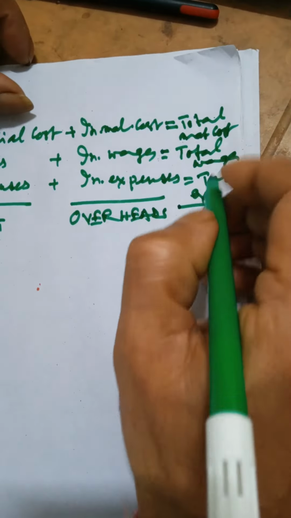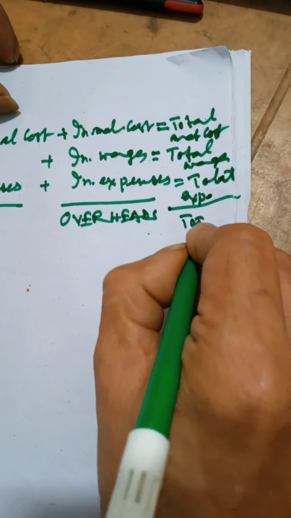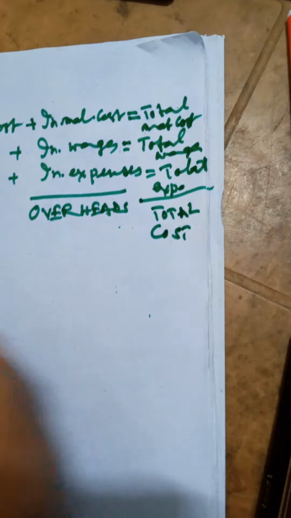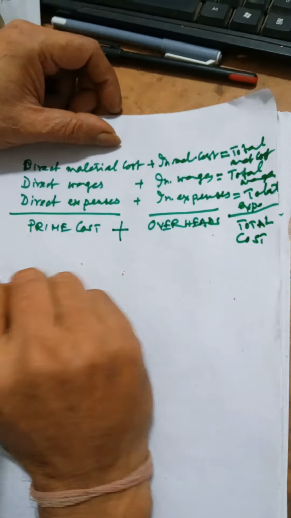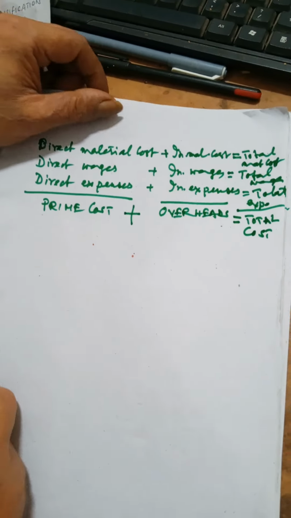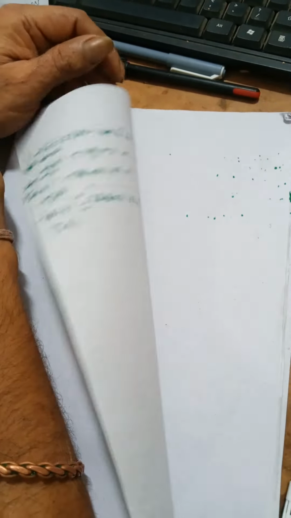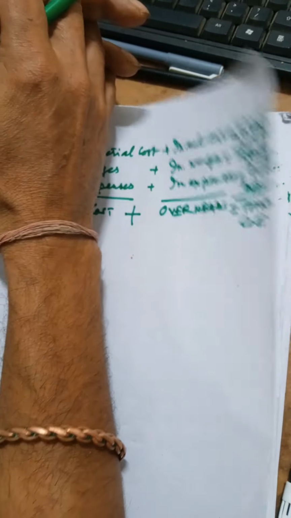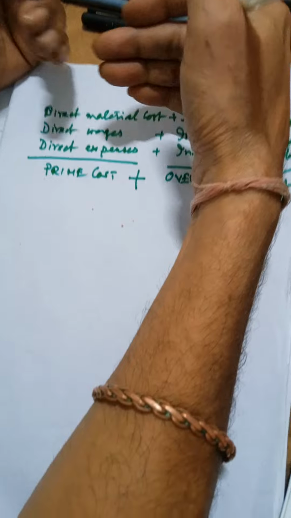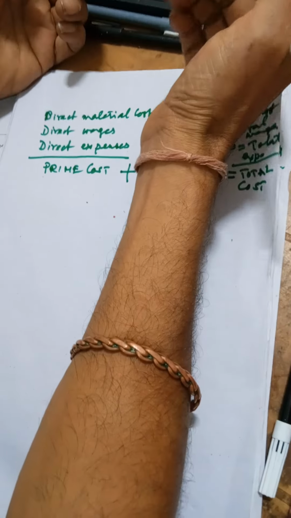If we add these three, we get total cost. That is, prime cost plus overheads equals total cost. Now, I am going to define what the elements of prime cost mean.